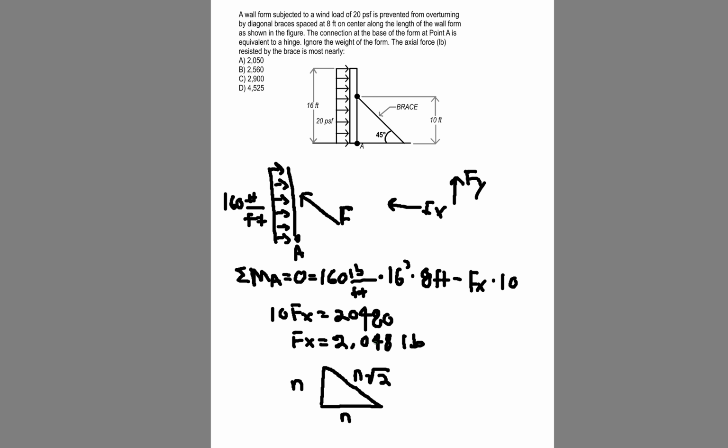So if 2048 is equal to this horizontal n component, all we have to do is take our 2048, multiply that by square root of 2, F is equal to 2,896 pounds, and that is going to be most nearly choice C. And there we go.